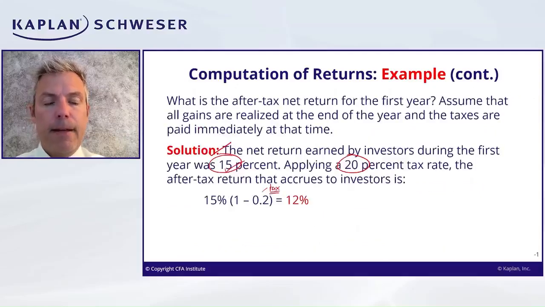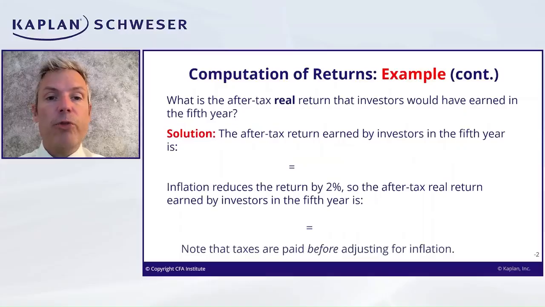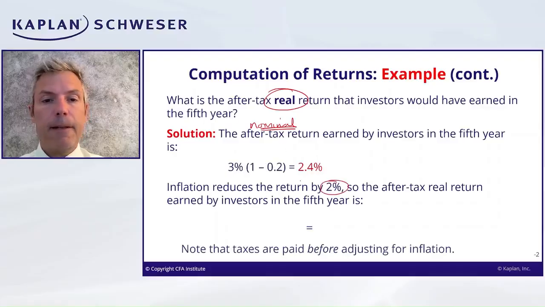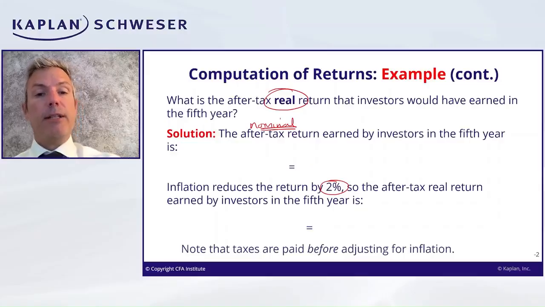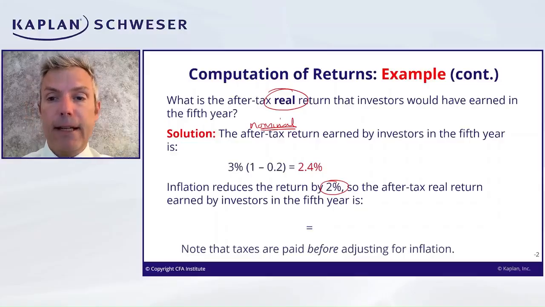Next up, we get asked, what's the real return? So what we do is we punish our nominal after-tax return. Everything we've done so far is nominal. We punish our nominal after-tax return for the fact that inflation was expected to be 2%. Incidentally, we're talking about the 5th year now, so that's important to note.